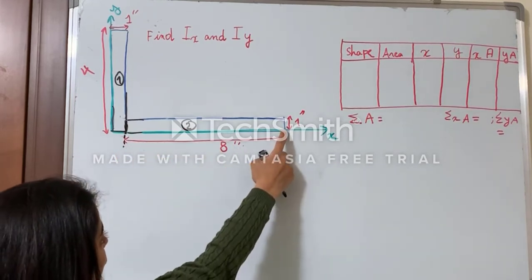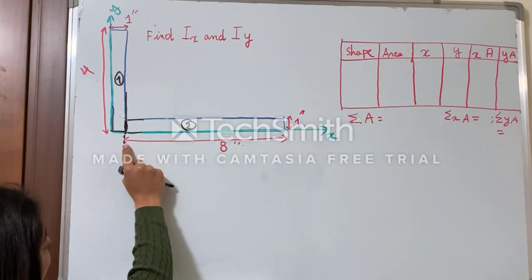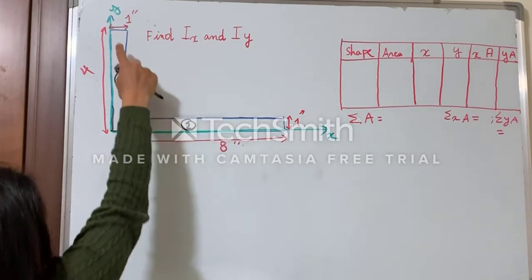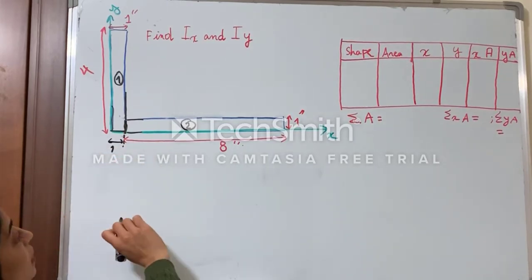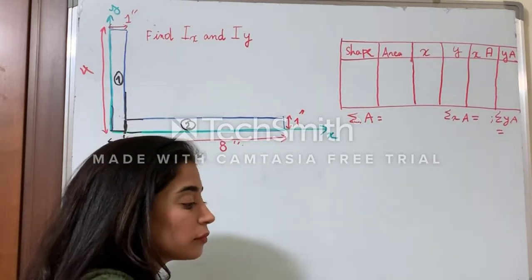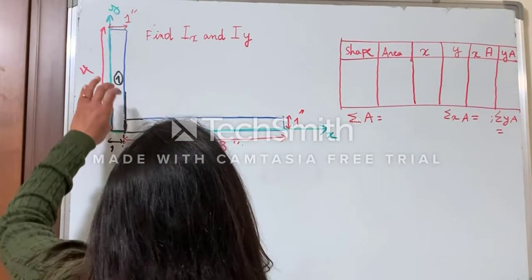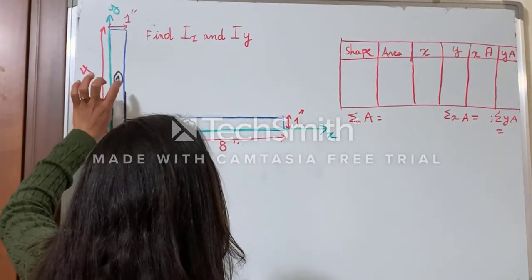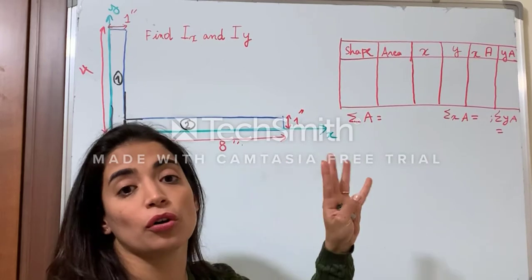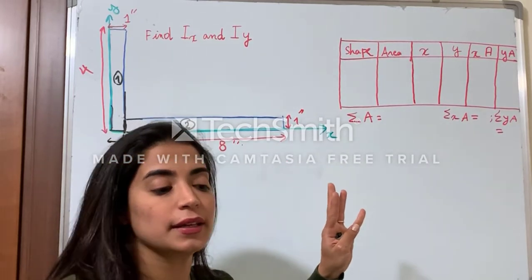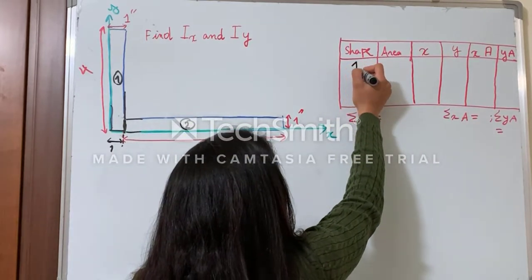If the given is from this point to the ending point, it is equal to 9, so you should find this dimension here, which is 9 minus 1, which is 8. And this will be 1, of course. And then I can find the centroid by finding the centroid of each shape and then applying the method of areas, as you can see in the previous video. So guys, let's start with the first shape.